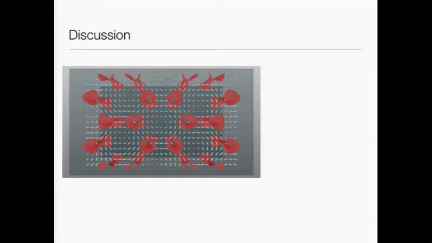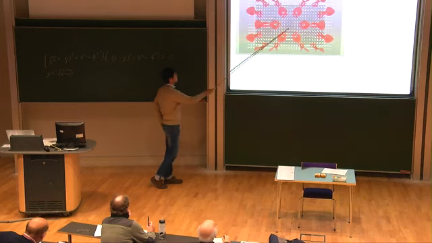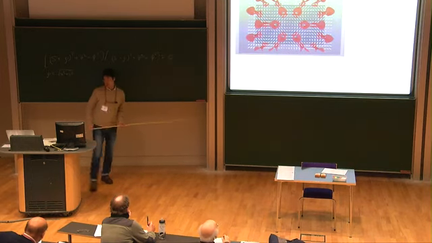Yeah, and so now let me focus on the structure with hexagonal symmetry. In this structure, you can find a double twist cylinder, a double twist orientation like this.